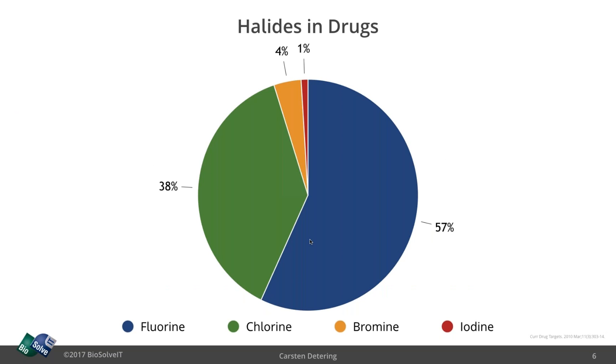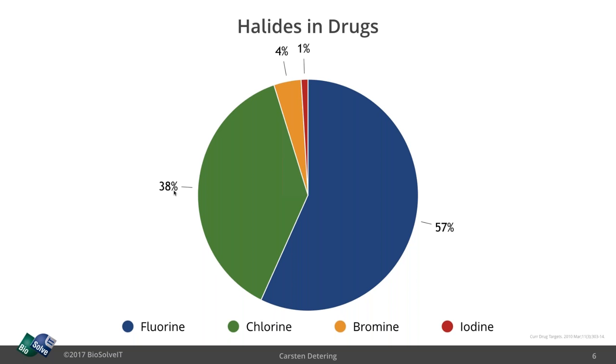Obviously, halogens do play important roles in biological systems and also, of course, in drug molecules. In FDA-approved drugs between 1988 and 2006, 57% of these drug molecules contain fluorine, 38% chlorine, and 4% and 1% bromine and iodine, respectively.